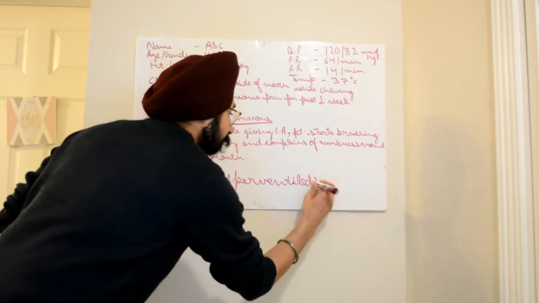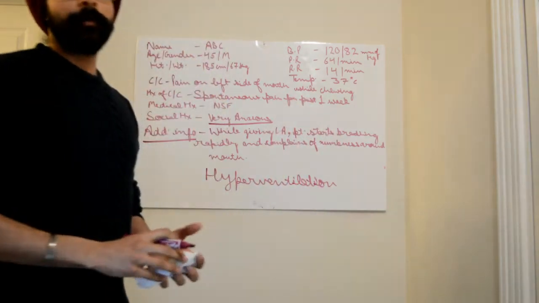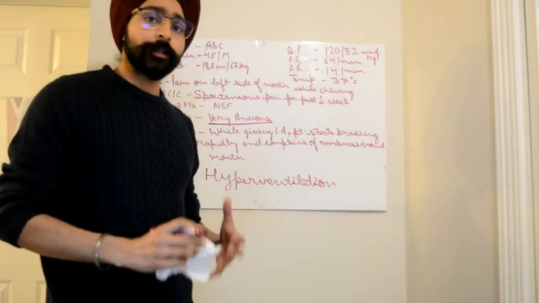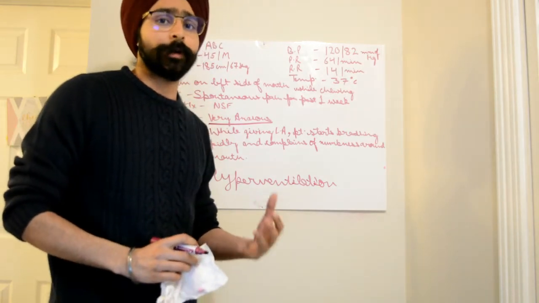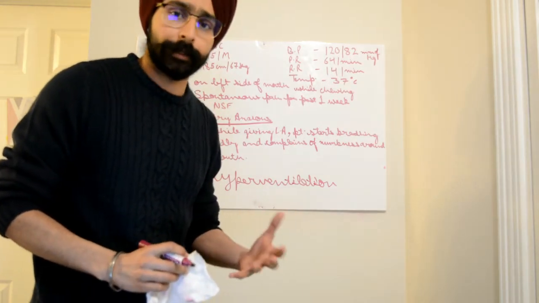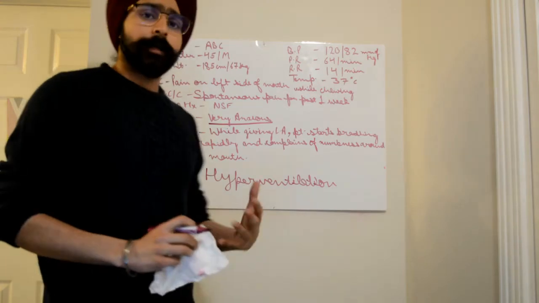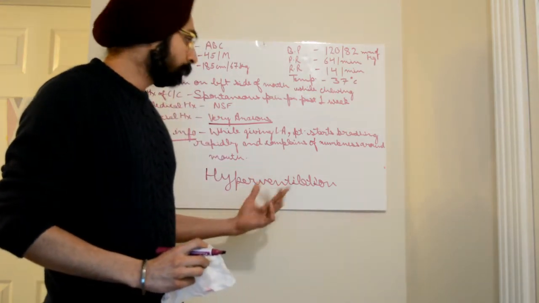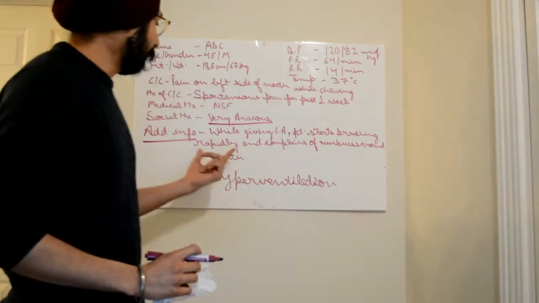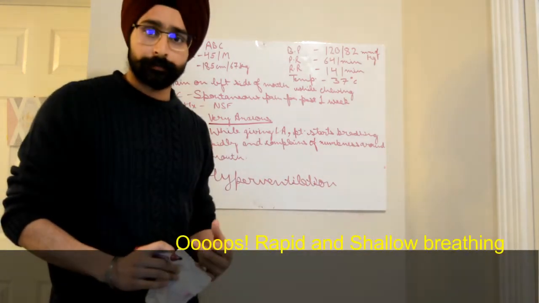Hyperventilation. Hyperventilation is a condition in which patient starts breathing very rapidly, for example more than 20 breaths per minute. There are various signs and symptoms of hyperventilation. The first one is very rapid and deep breathing.